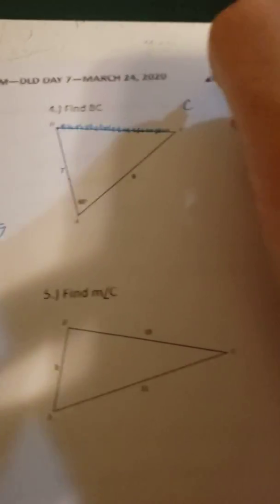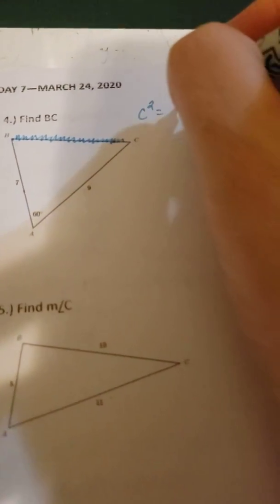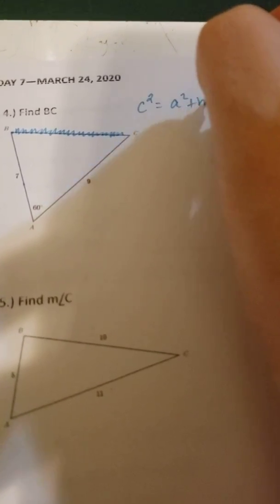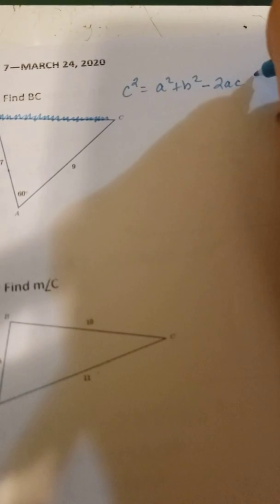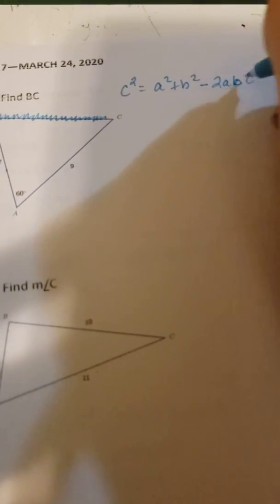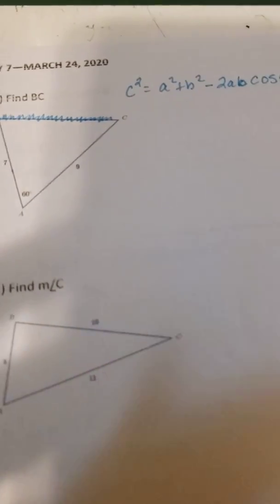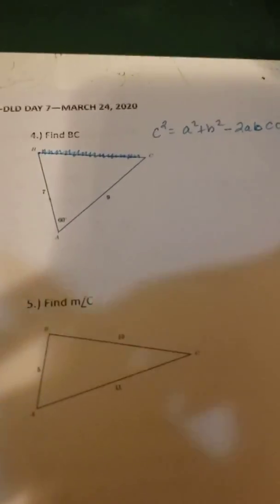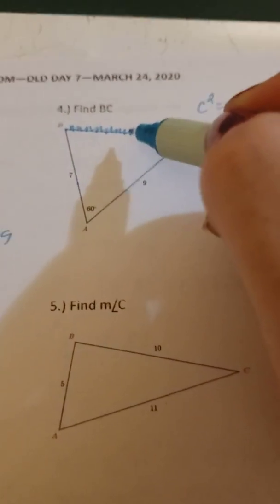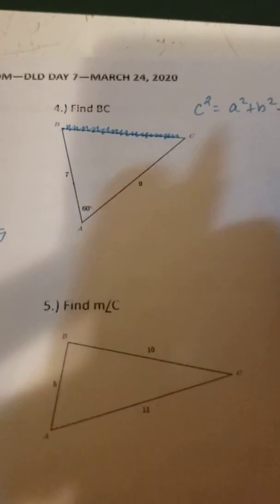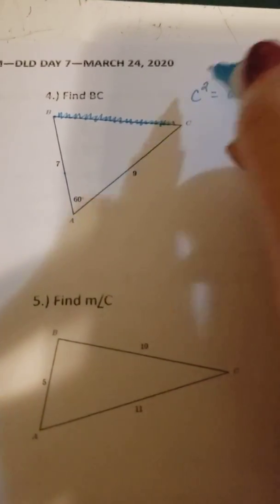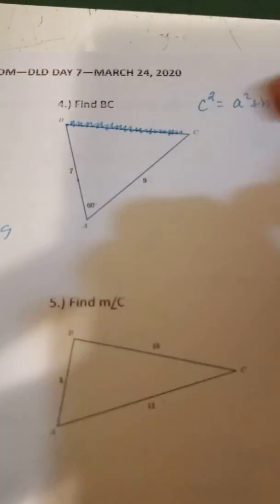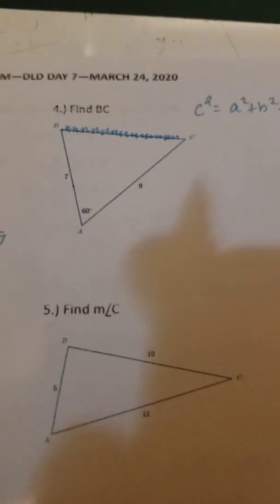So the law of cosines is c squared equals a squared plus b squared minus 2ab cosine C. Now, notice I didn't give this a variable or anything before I wrote the formula. I want my missing values to be centered around C, and that's even if I have to relabel my triangle.